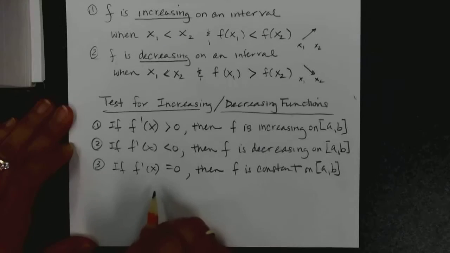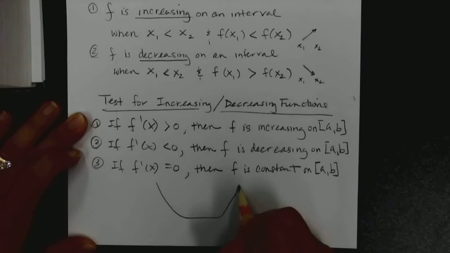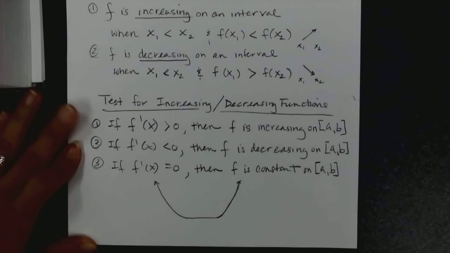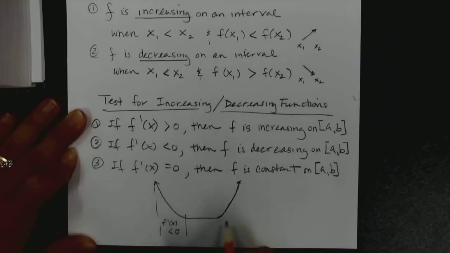Or your graph could look like this, where I had a graph from here to here, here, and here. From here to here, f prime of x is less than 0, so this is decreasing.